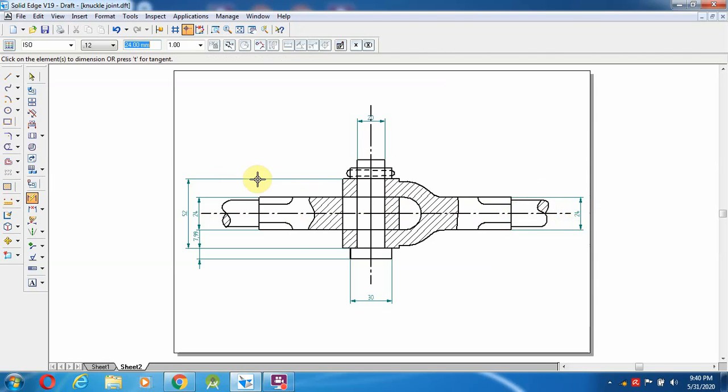So after giving the dimensions, we can save this one as a knuckle joint and close it. Okay, so this is the way to draw the knuckle joint.